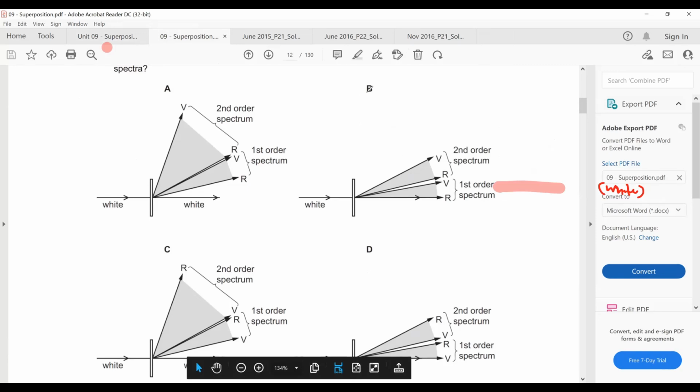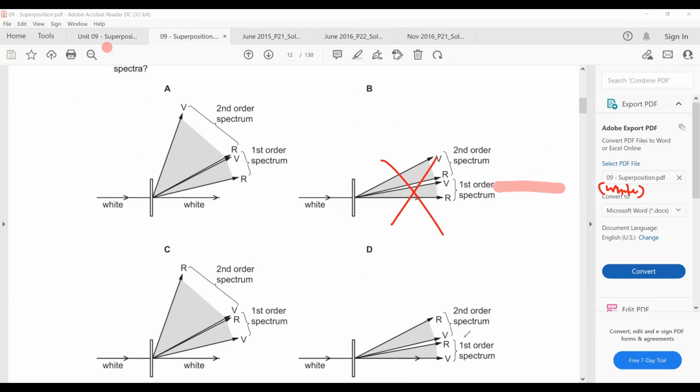B is not white at the center. D is also not white at the center, it's having the rainbow spectrum. So the only possible choice of answer is either B or C. Which one is going to be the correct one? Both have white at the center. So the only thing that you can do from here is to use the wavelength relationship.